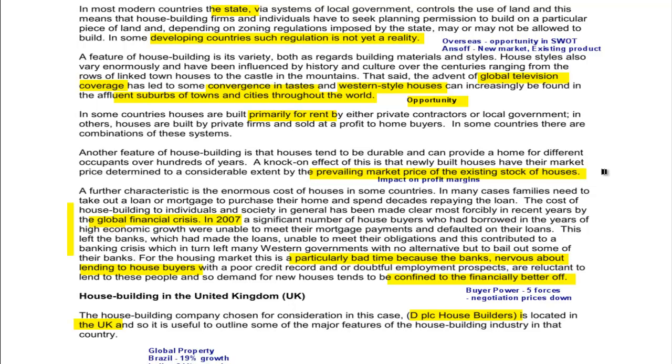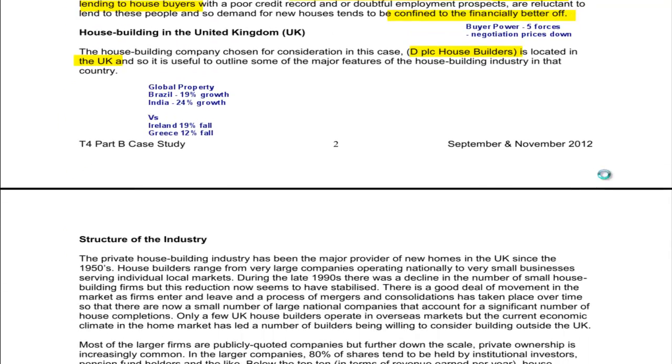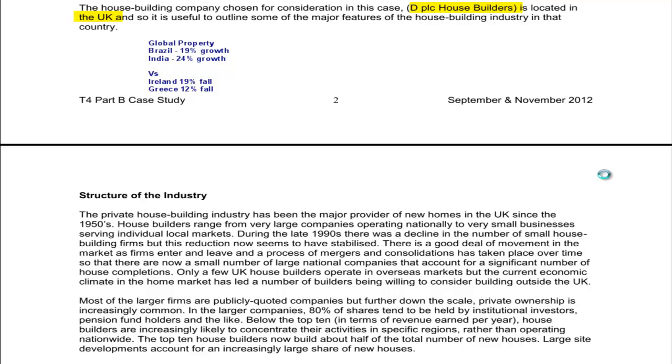That's been a big issue for building companies over the last few years. Prices have either been falling or stagnating. In fact, inflation has been reasonably high, particularly on building materials, which means the profit margins have been squeezed. And so that is something for us to consider when we come to look at the UK housing industry.